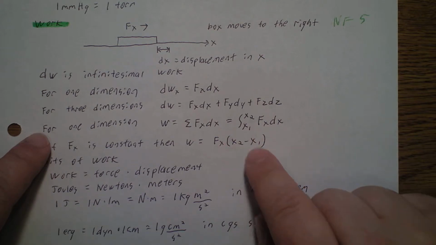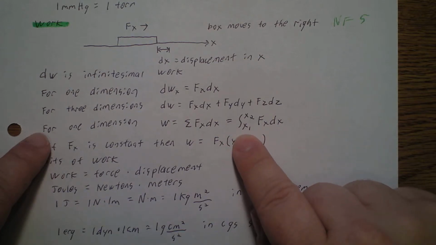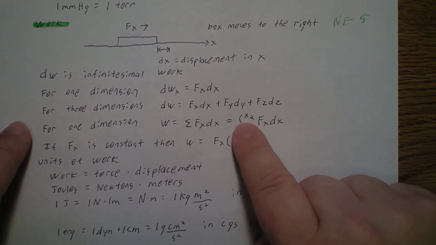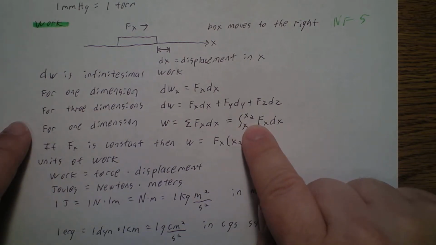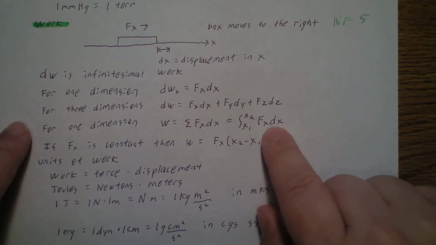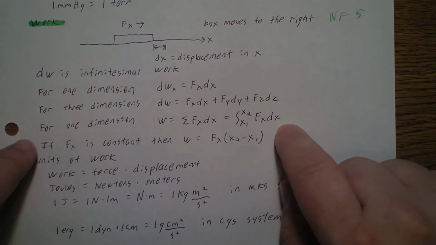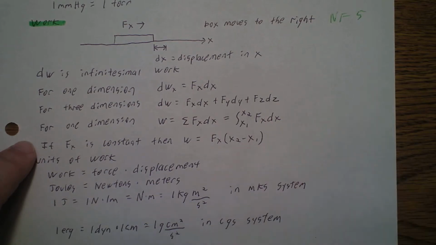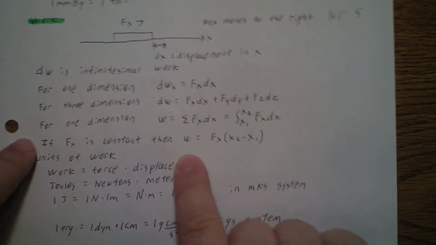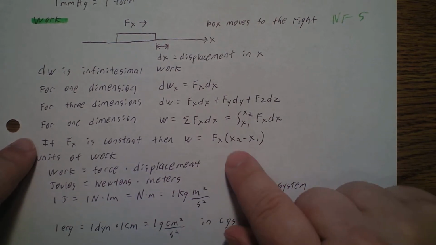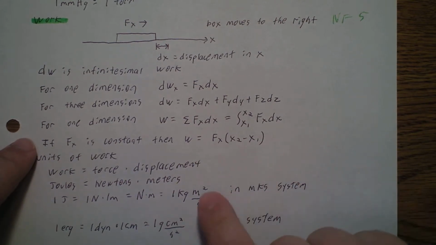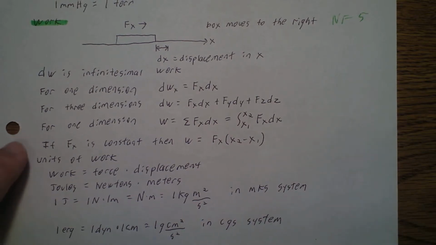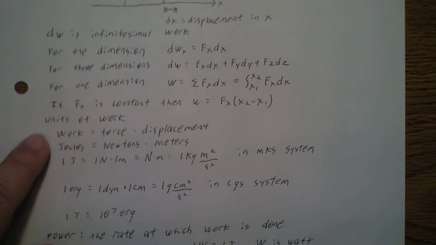So we have the definite integral from the x position at state 1, or the initial position, to the x position at state 2, which is the final position, of the x component of the force with respect to x. Now, if the force is constant, then we can just pull it out and integrate, and we get work is equal to the x component of the force times x2 minus x1. That's the final position minus the initial position, or the change in position, basically.